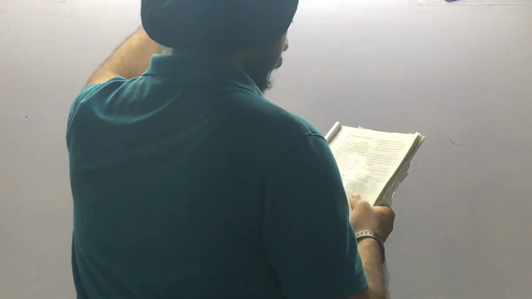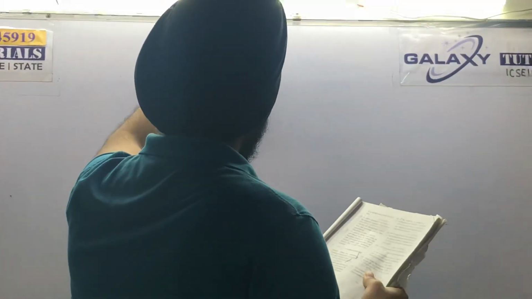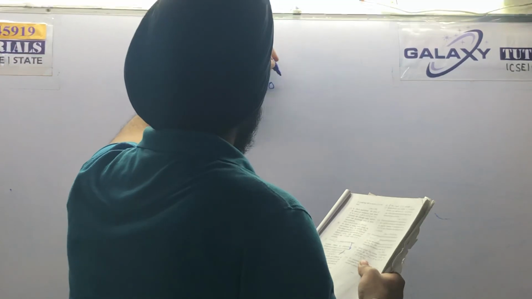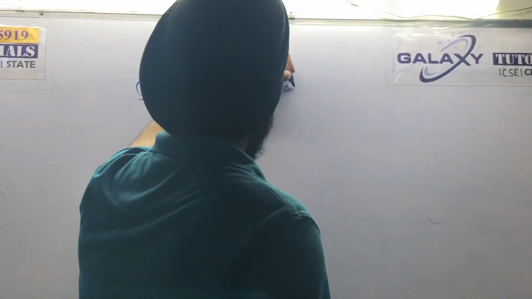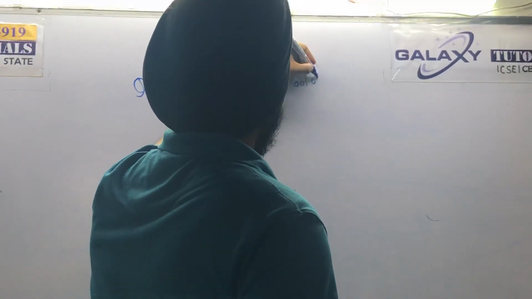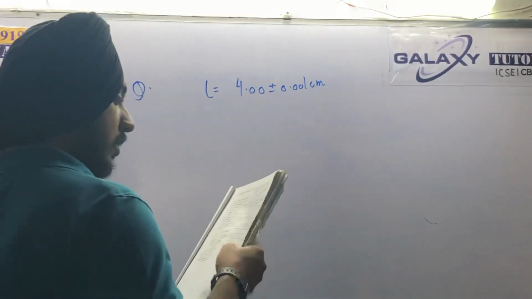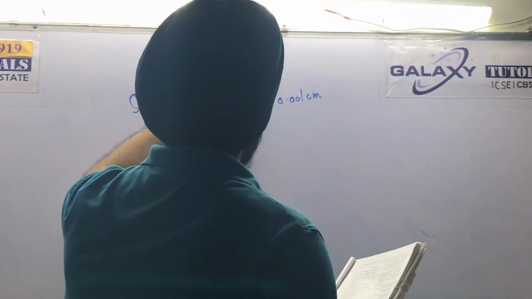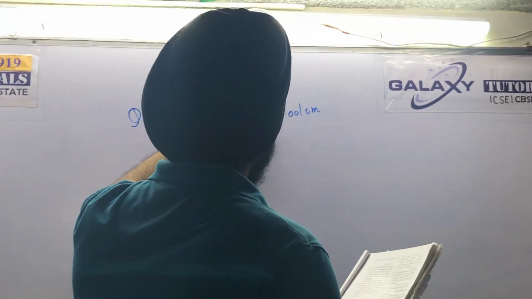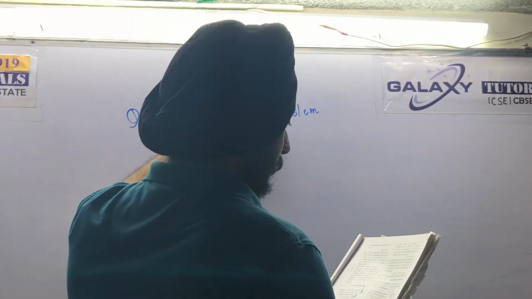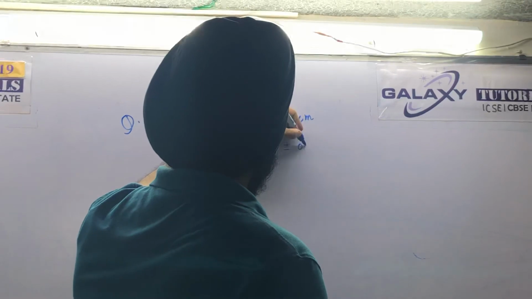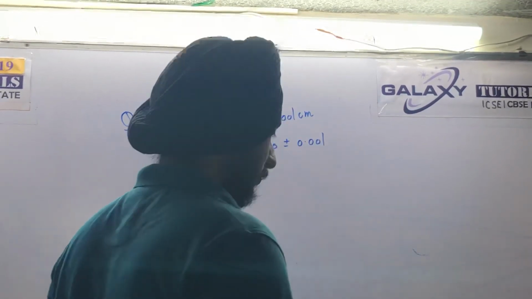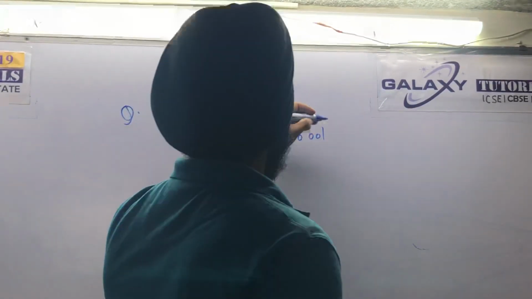Okay, they have given you the length of a cylinder, that is 4.00 plus minus 0.001 centimeter. Okay, next thing they have given you is the radius, that is 0.0250 plus minus centimeter.